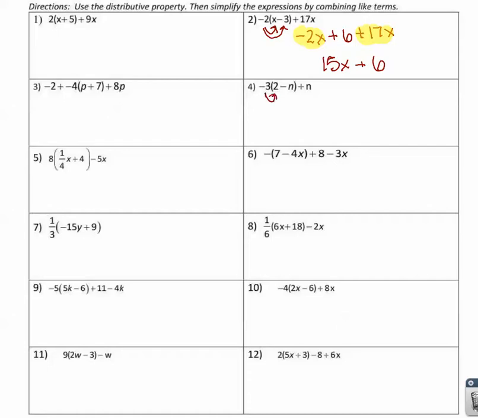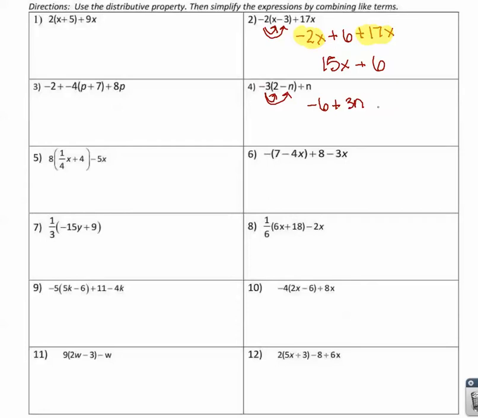I'm going to distribute negative 3 to each term on the inside. Negative 3 times 2 is negative 6. Negative 3 times a negative n. It's going to be positive 3n, because a negative times a negative is a positive.